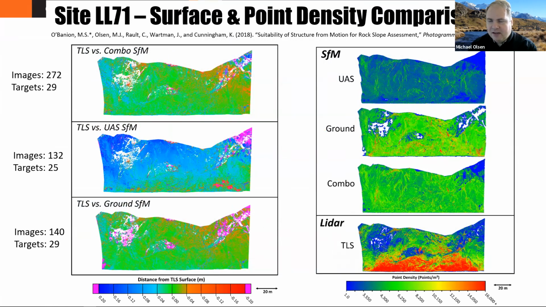And the overall conclusion that we came up with is, as long as you are using good survey control, and in this case we used a total station, you could achieve pretty similar results with structure from motion, multi-view stereophotogrammetric approaches as you would with terrestrial laser scanning, with the benefit of having the speed and the vantage points of the unmanned aircraft system. So typically we're seeing results that were within about 6 to 8 centimeters between the surfaces. And so you can get very good results.